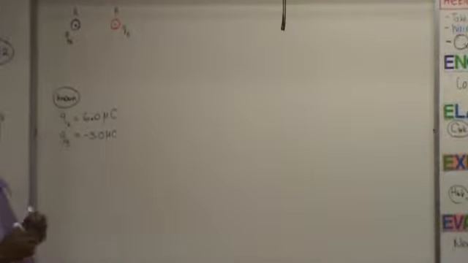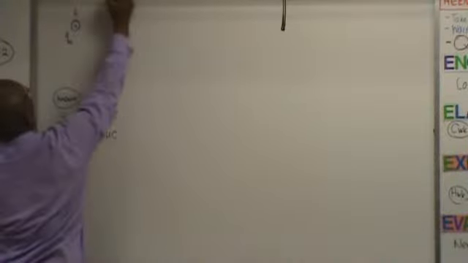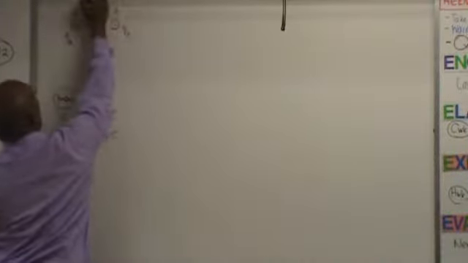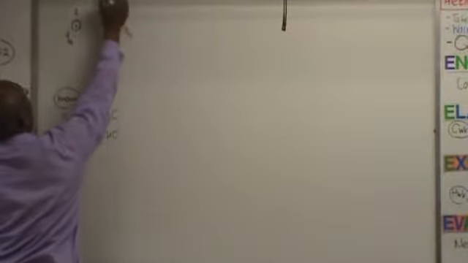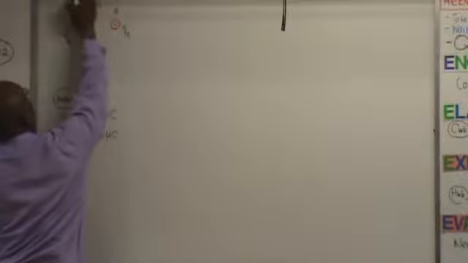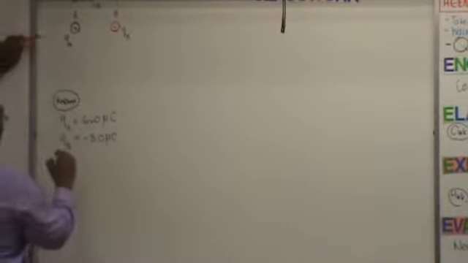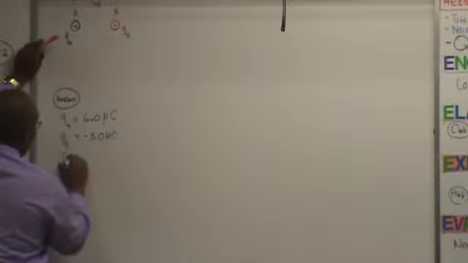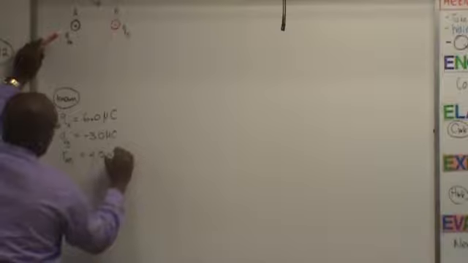What else? Okay, 4.0. So the distance between them, right there, let's call it RAB. That's the distance between A and B. And it's 4.0 centimeter.